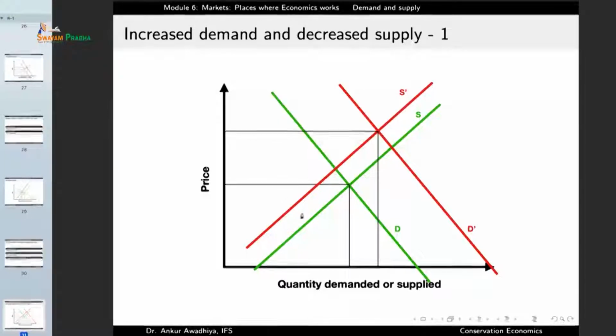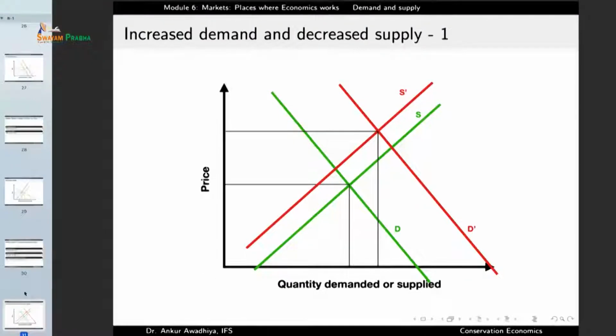So there is a decrease in supply, and this is leading to this new equilibrium. Now, in this case, the earlier equilibrium price was this, the new equilibrium price is this. So, as was expected, the prices increased. And in this case, the earlier equilibrium quantity demanded or supplied was this, the new quantity is this. So, there is an increase in the quantity that is demanded or supplied.